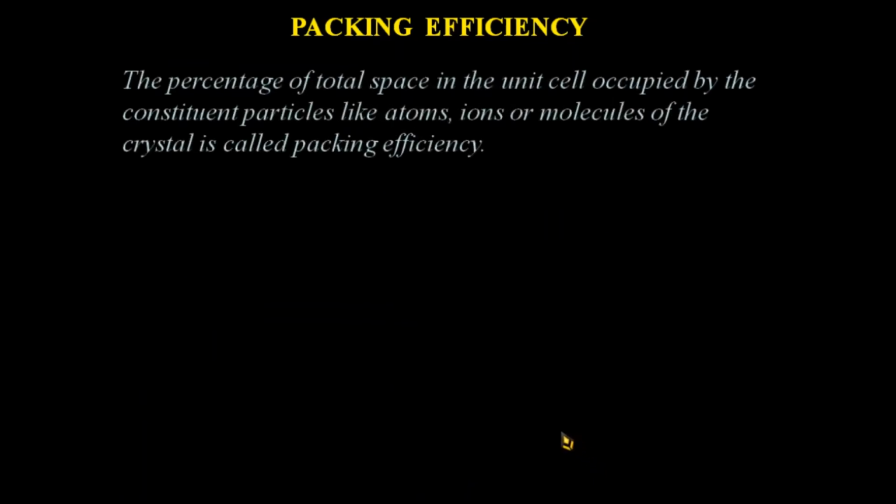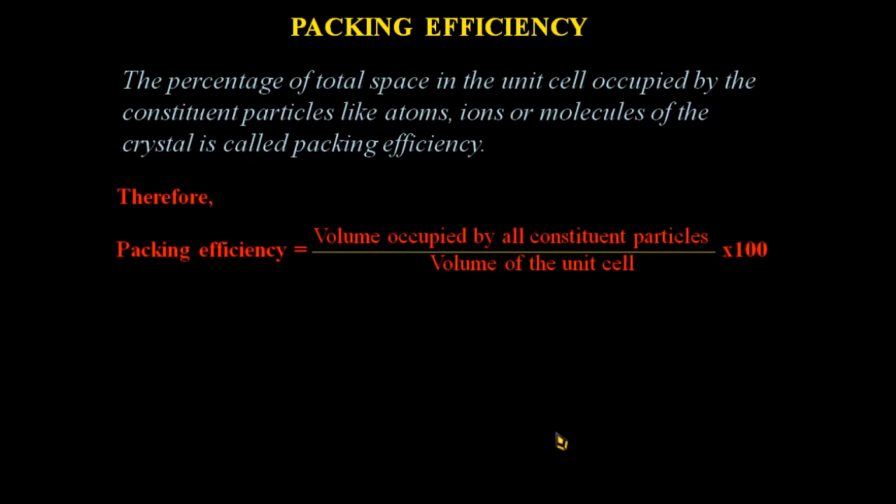Next we discuss packing efficiency. What is packing efficiency? The percentage of the total space in the unit cell occupied by the constituent particles like atoms, ions or molecules of the crystal is called packing efficiency.